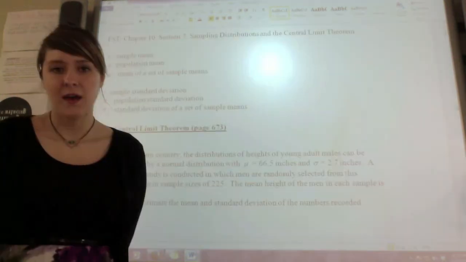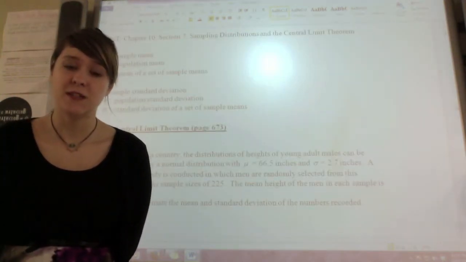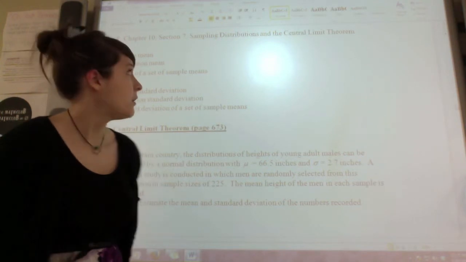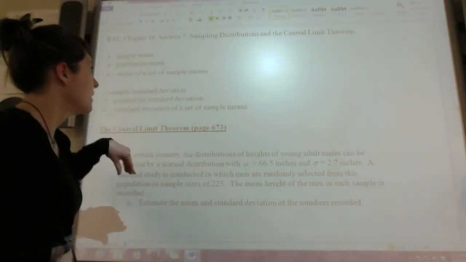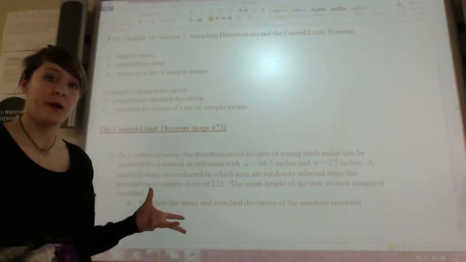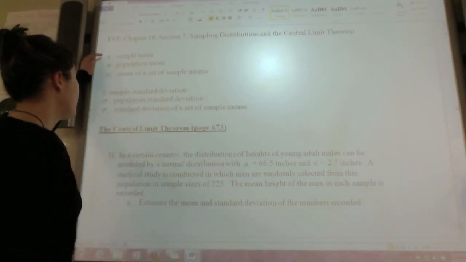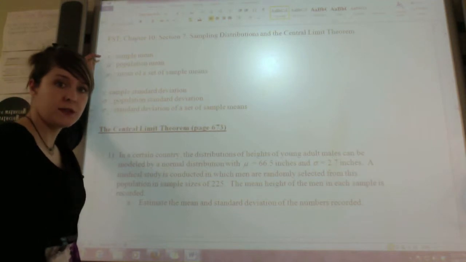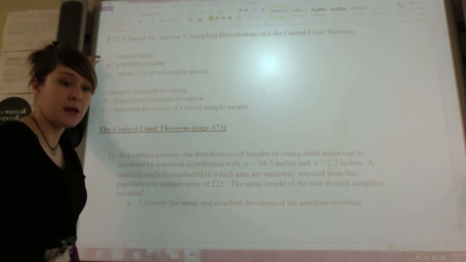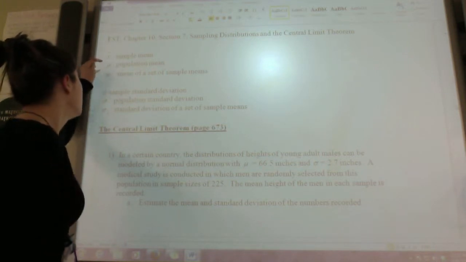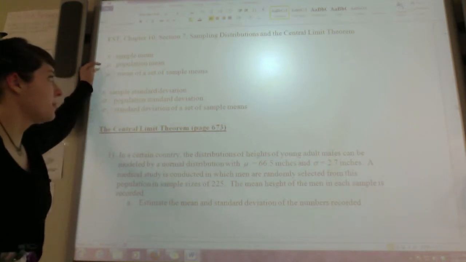Okay? But basically, this leads us to the central limit theorem, which we're going to talk about up next in the notes. Alright, so now we're going to do Chapter 10, Section 7. And you'll notice that the first thing we have up here are some vocabulary and symbols that we need to know. So X bar, that's your sample mean. So that's the mean that you get from the sample that you actually experimented with. Mu, that's your population mean.